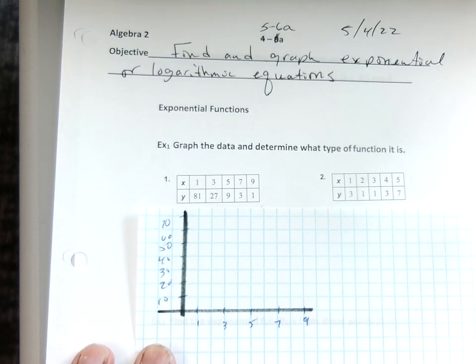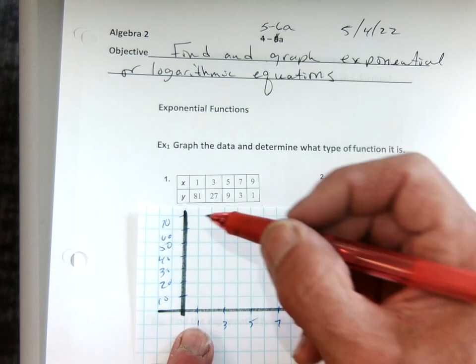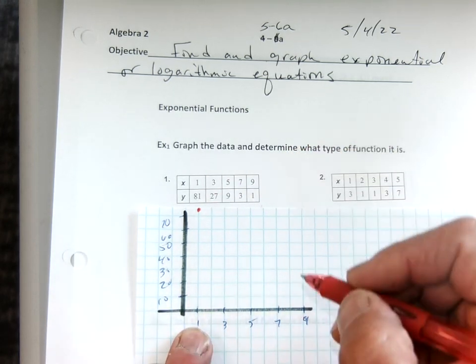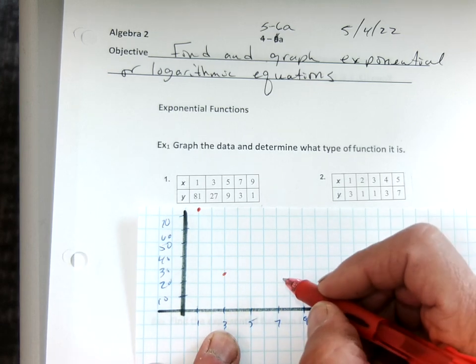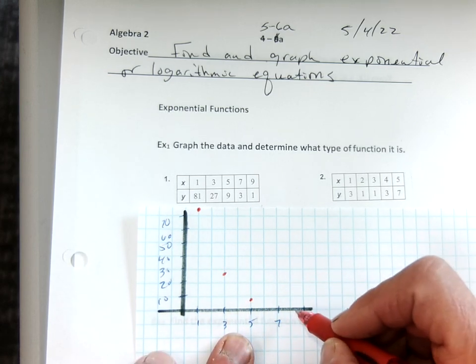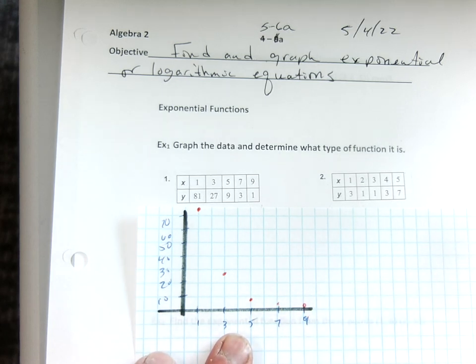I'm just going to do a scatter plot. I've got 1 and 81, maybe right about there. 3 and 27, 5 and 9, and 9 and 1. So what do you think? What's it look like?